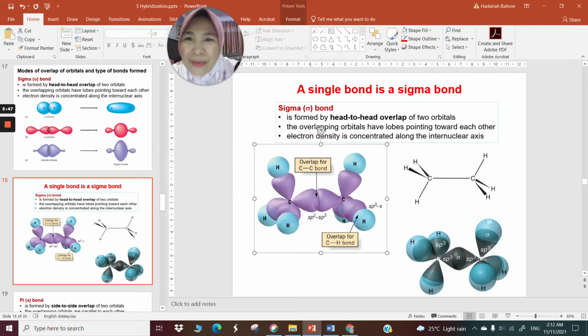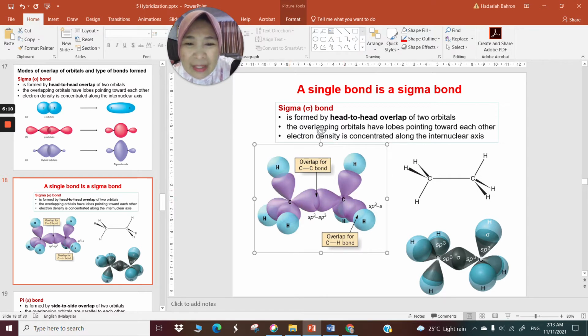What has 4 lobes? What kind of hybridization? It is going to have to be sp3. So this carbon with sp3 hybrid orbital and that carbon with sp3 hybrid orbital are going to overlap with one another, lobe to lobe, head to head, and the bond is going to be a sigma bond.